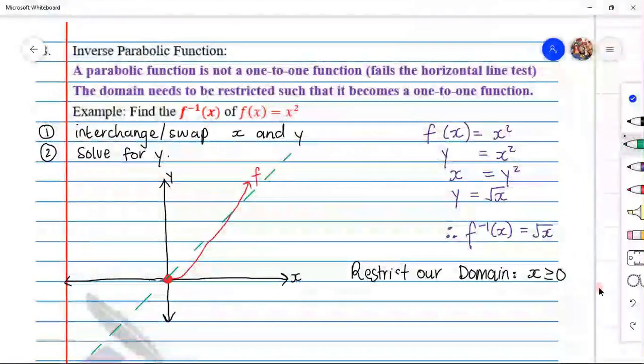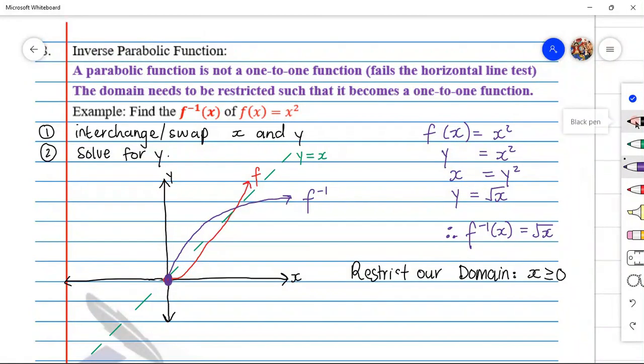Because we know that inverse functions are basically reflections about the line y equals x. Now, let's draw the inverse function in purple. So if we were to reflect this, it's just going to be a reflection like that. So that's the inverse of our function.